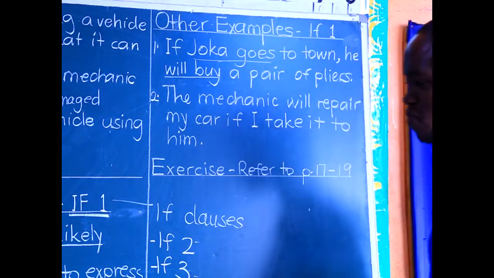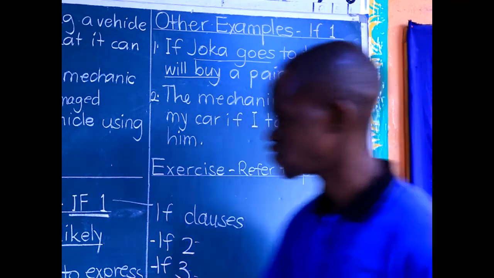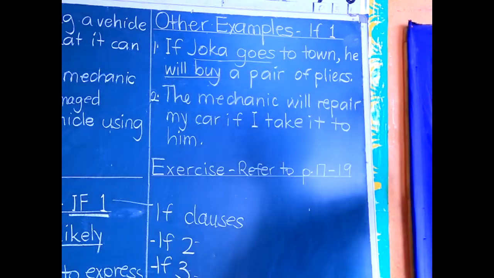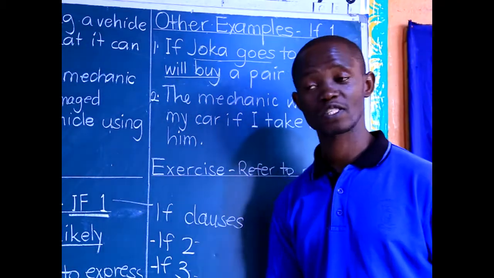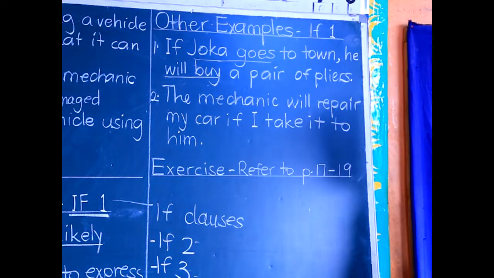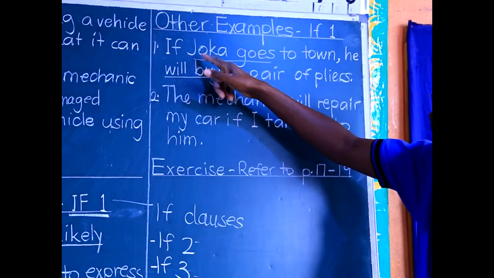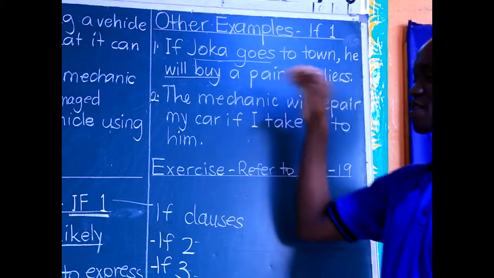This is not the only way we can construct an if one sentence. We have if and other words. Now here we have if plus other words that follow as we have seen them. There's another way of expressing if one. And how do we do that? The if clause can come in the end, then the main clause can come at the beginning.